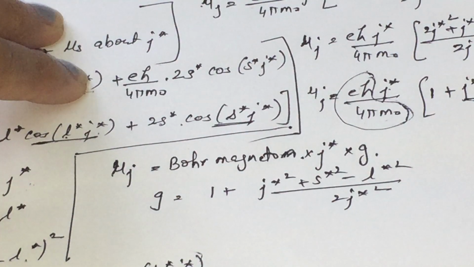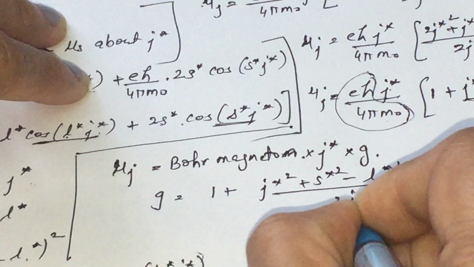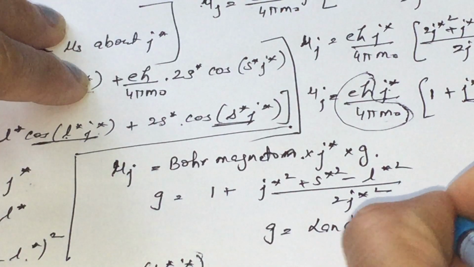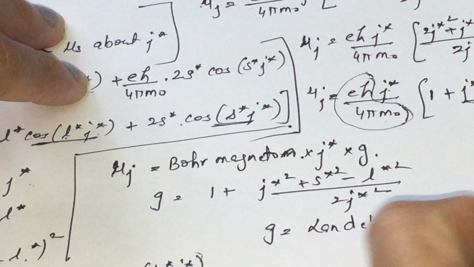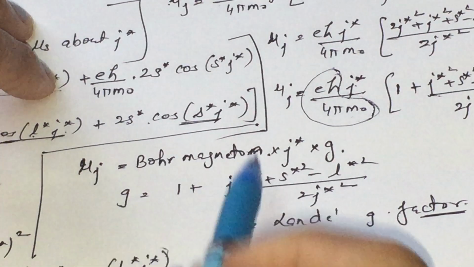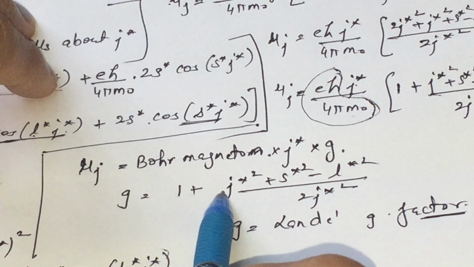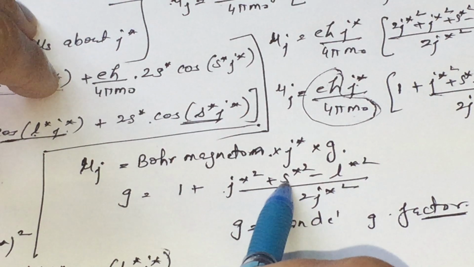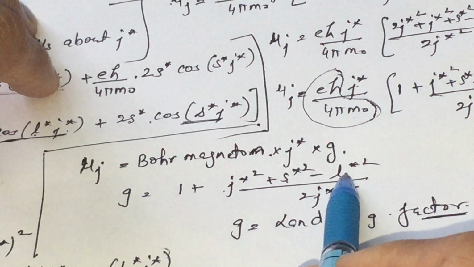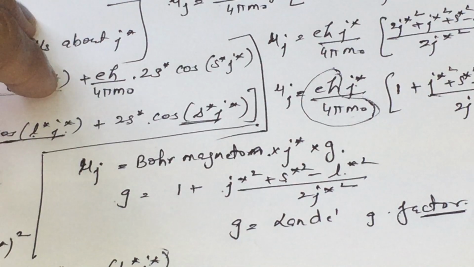Very easy explanation. And G is nothing else than what is known as Lande's G factor. Lande's G factor is not a constant term, it varies as the value of total angular momentum, spin quantum number and orbital quantum number changes, then the value of G changes.